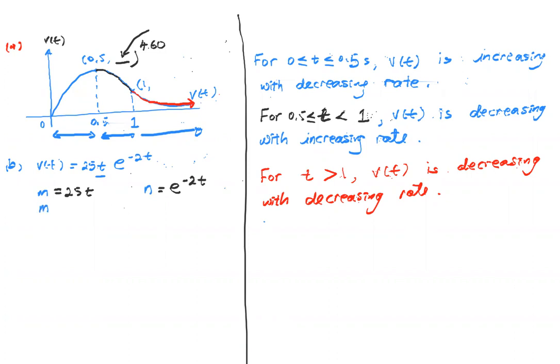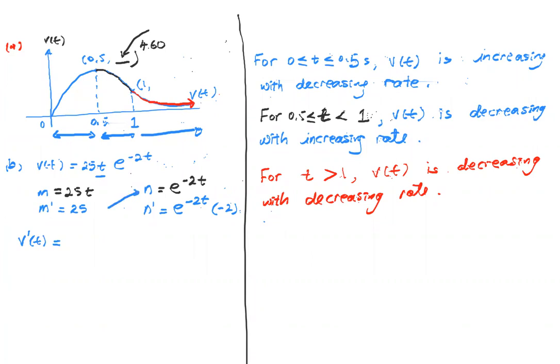m prime is 25. n prime: when you have an exponential term, you copy down the whole thing, then times by the derivative of the power. Now you substitute it into the formula.